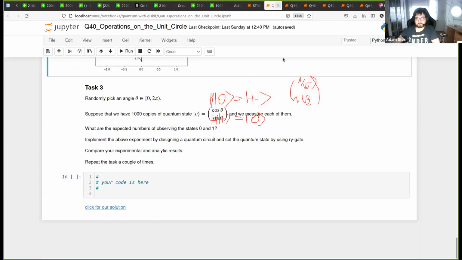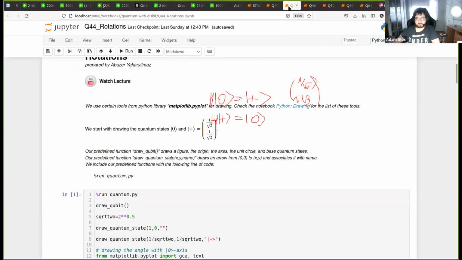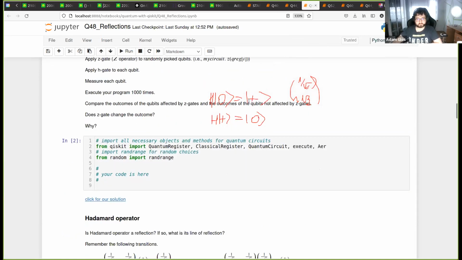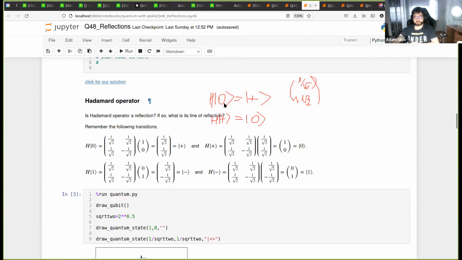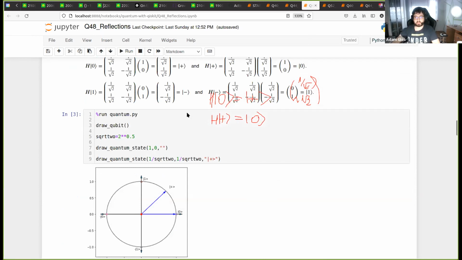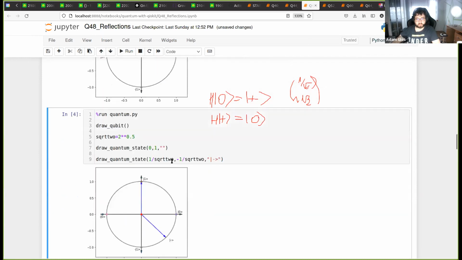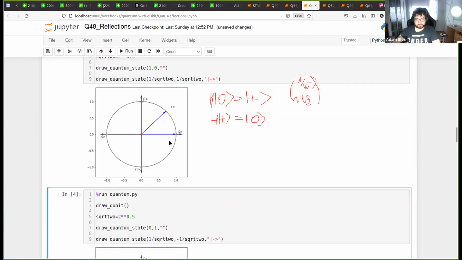So here you can see that the Hadamard operation is a reflection along a special axis. You can see that it maps 0 to plus and back, as is written here.